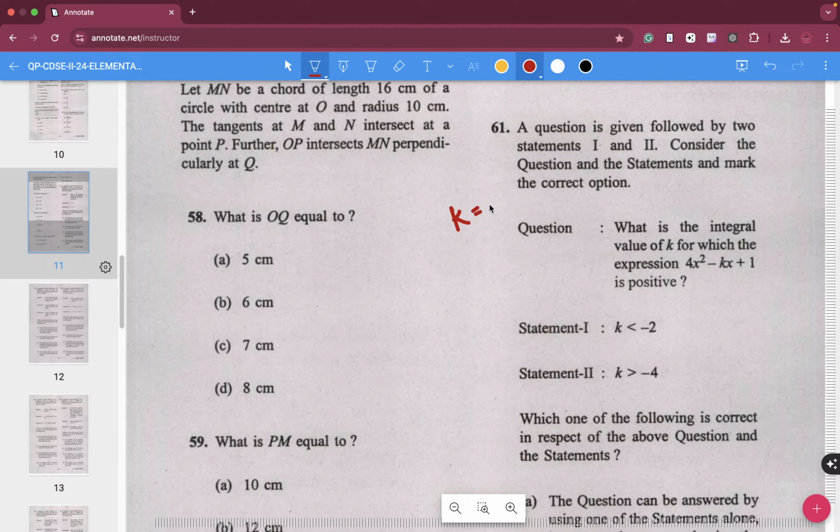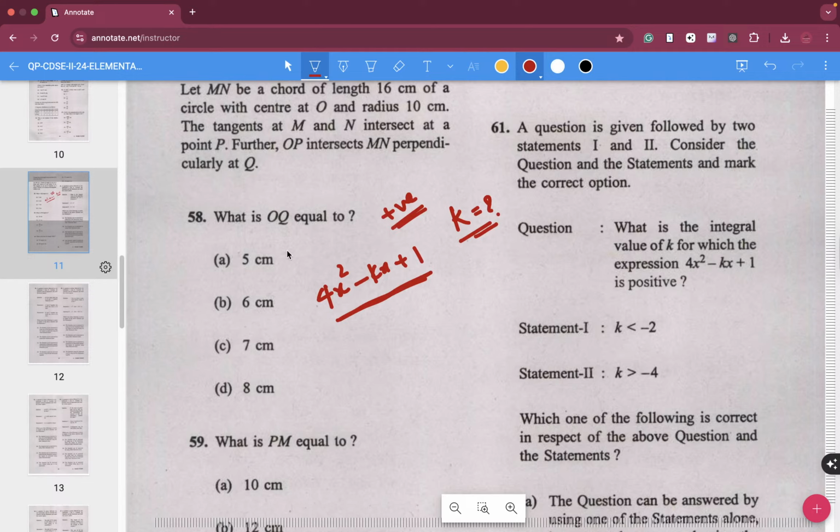Now the question is: what is the integral value of k for which the expression 4x square minus kx plus 1 is positive? This expression has to be positive, so we can take any value of x.